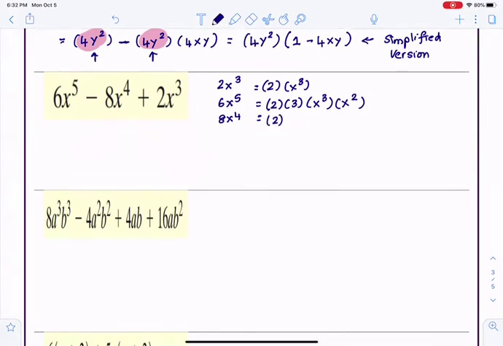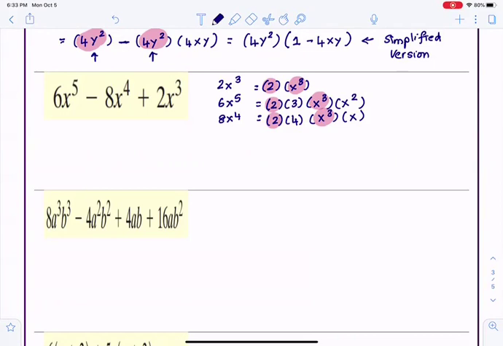I could rewrite 8 as 2 times 4, and x raised to 4 as x cubed times x. The common factor here would end up being x cubed. So in terms of the numbers, we have 2 in common. For the x terms, we have x cubed in common. So the greatest common factor is 2x cubed.